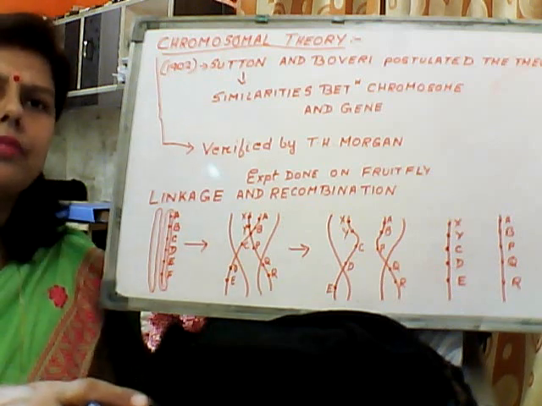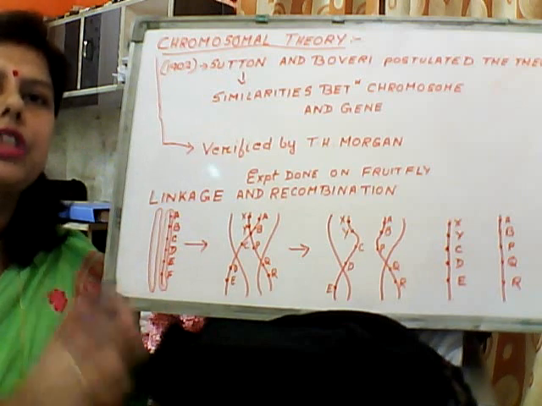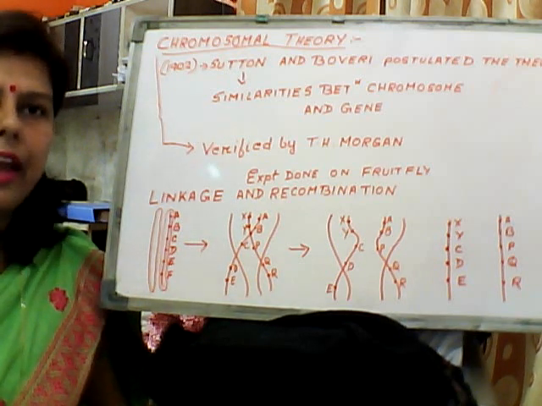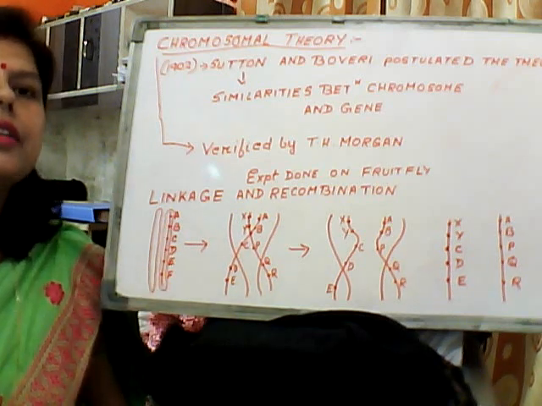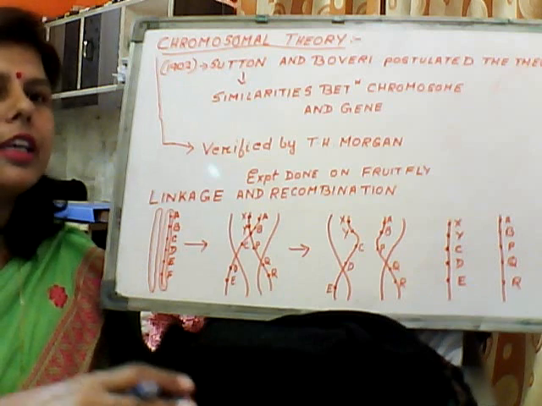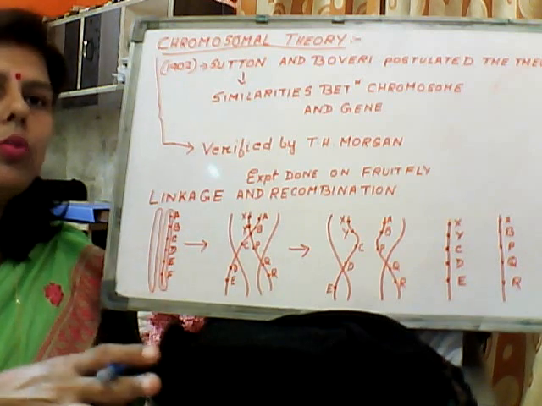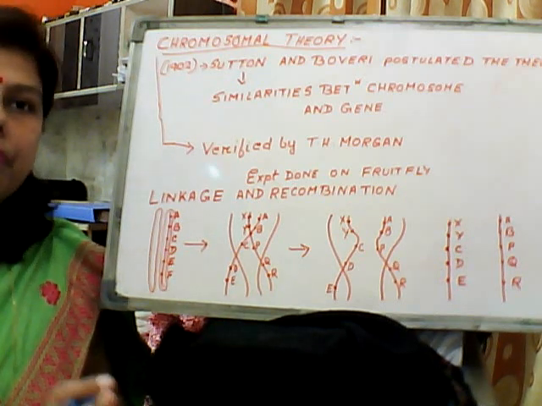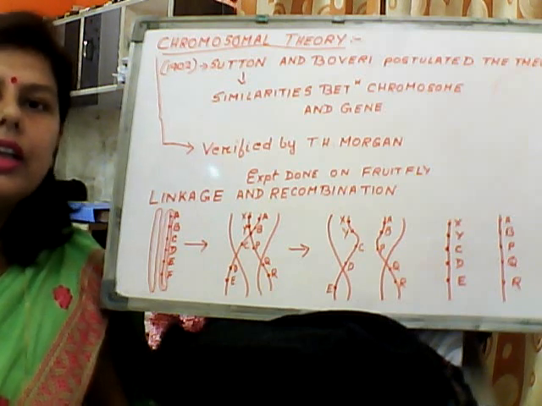If the chromosomes are in 2n, inside the chromosomes genes are present, so the genes will also be present in pairs. And when the chromosomes get separated, the genes also get separated. So it can be concluded that the behavior of chromosomes runs parallel to that of the gene. That means many similarities are there between the chromosome and the gene.